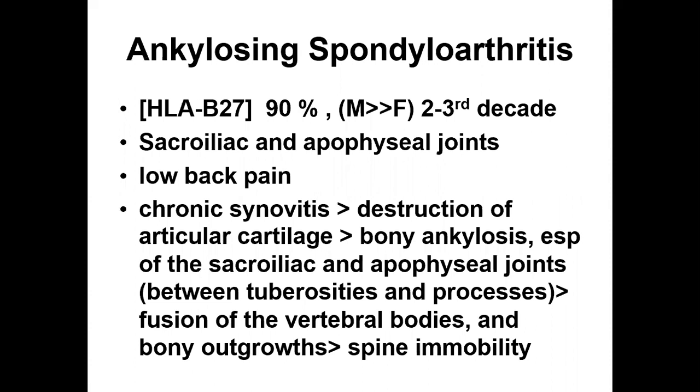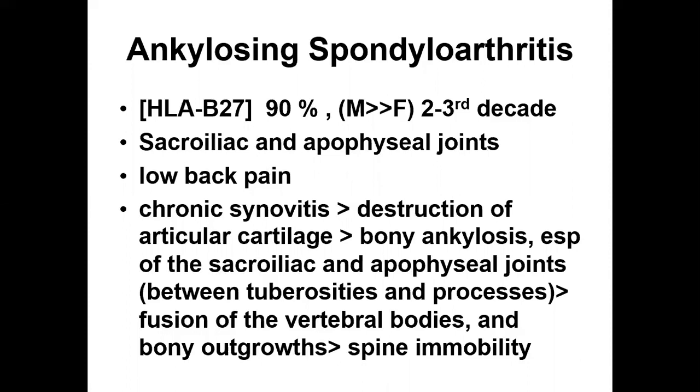So ankylosing spondyloarthritis: patients have HLA-B27, 90% of the patients, and they are male more than female. Sacroiliac and apophyseal joints are more commonly affected.